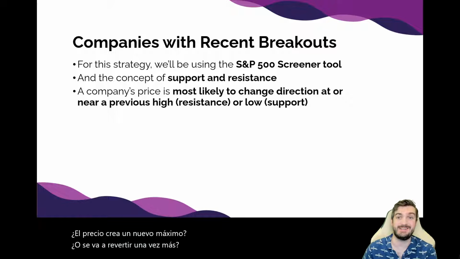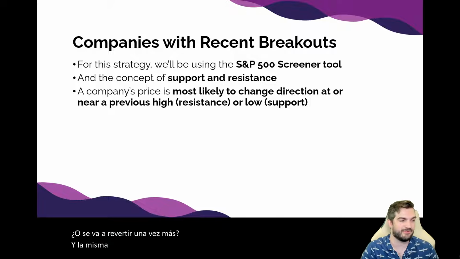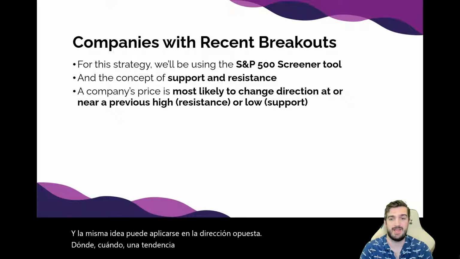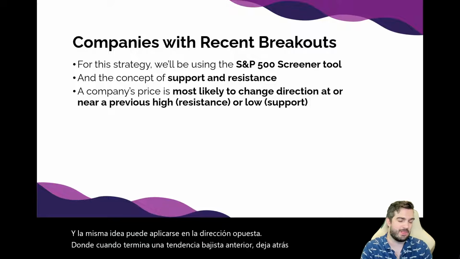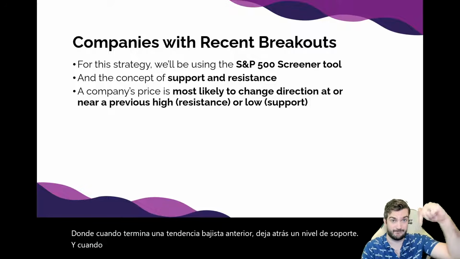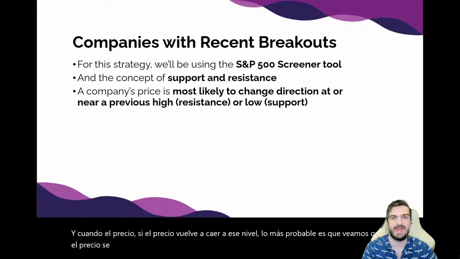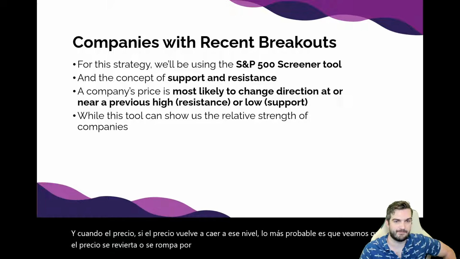And the same idea can apply in the opposite direction, where when a previous downtrend ends, it leaves behind a support level. And if the price falls back to that level again, we are most likely to see that price either reverse or break down below and create a new low.